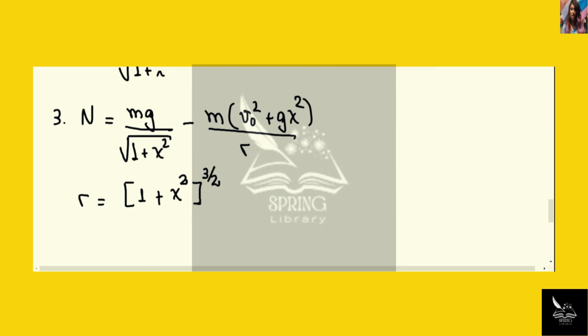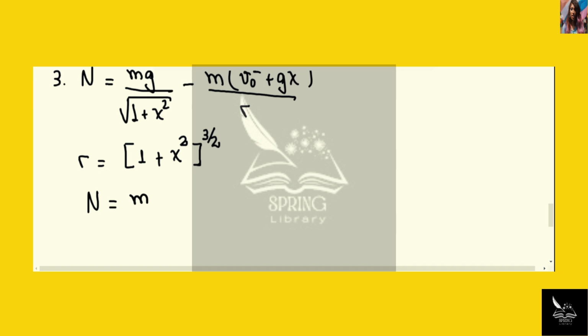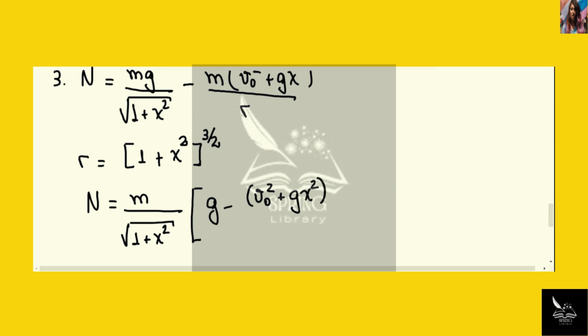So r is (1 plus x squared) to the 3/2, which means that N is equal to m divided by the square root of 1 plus x squared times g minus (v0 squared plus gx squared) divided by 1 plus x squared. Okay, and this concludes our exercise.